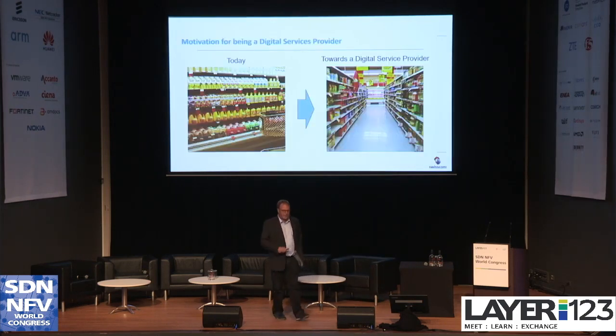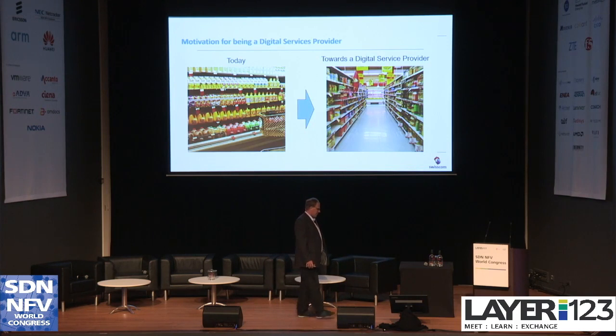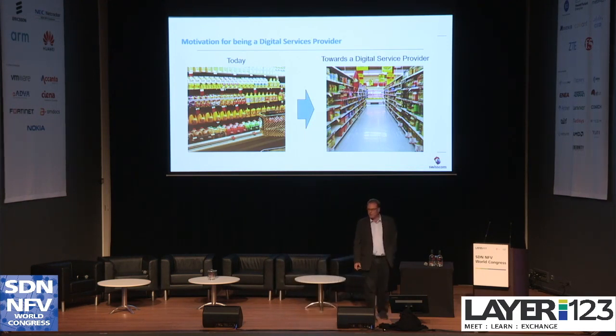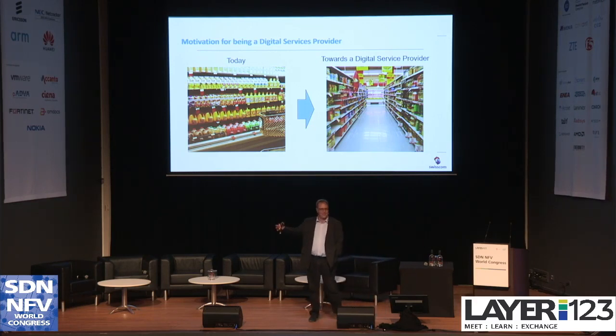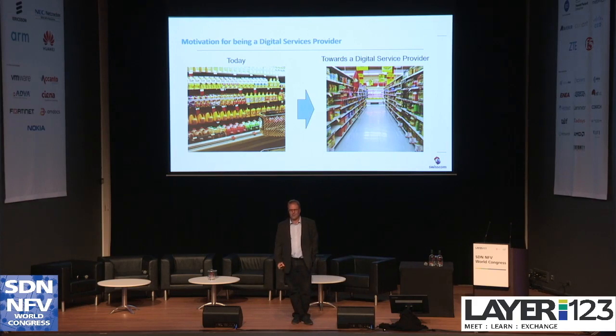So the first thing is why are we doing that? Today for the residential businesses and residential office, we have, I learned that this week, the T-shirt size model, where you have S, M, L, and XL type of contracts with us, and that's mainly driven by what type of service capacity you get.